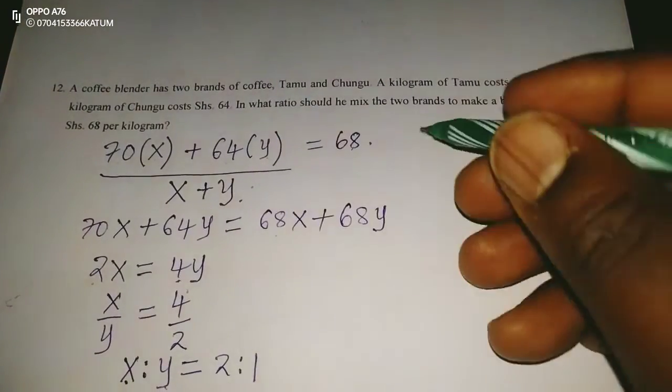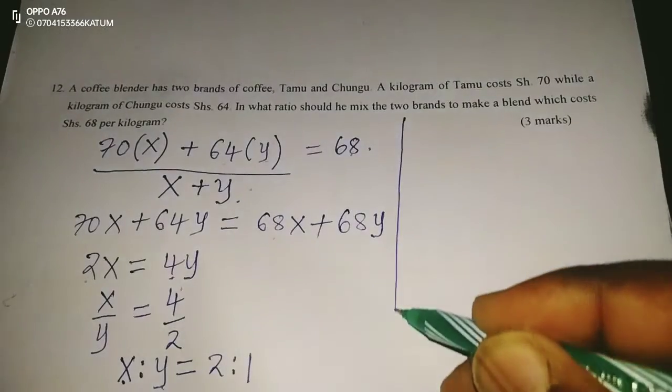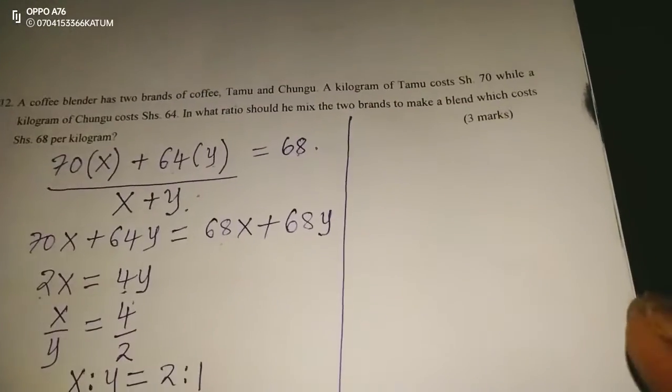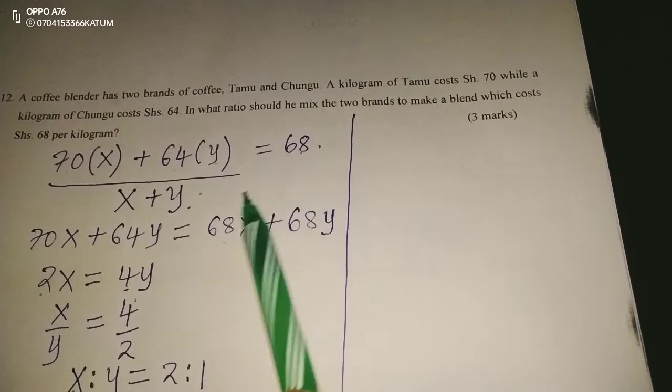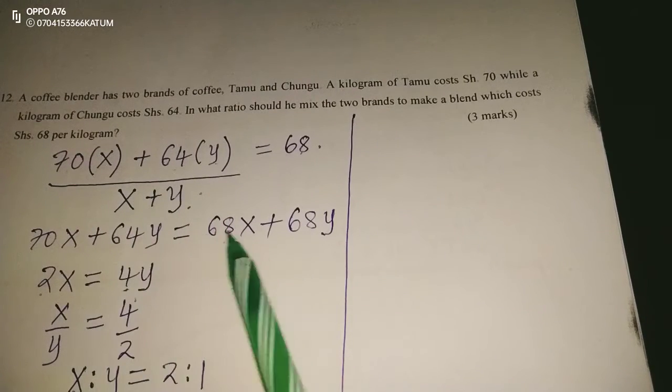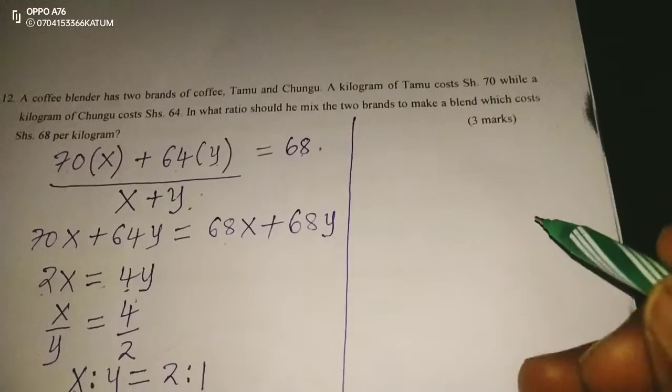Now we can also use another quick approach, because at the end of the day we multiplied 68 with the total number of kilograms and subtracted to get the ratios.